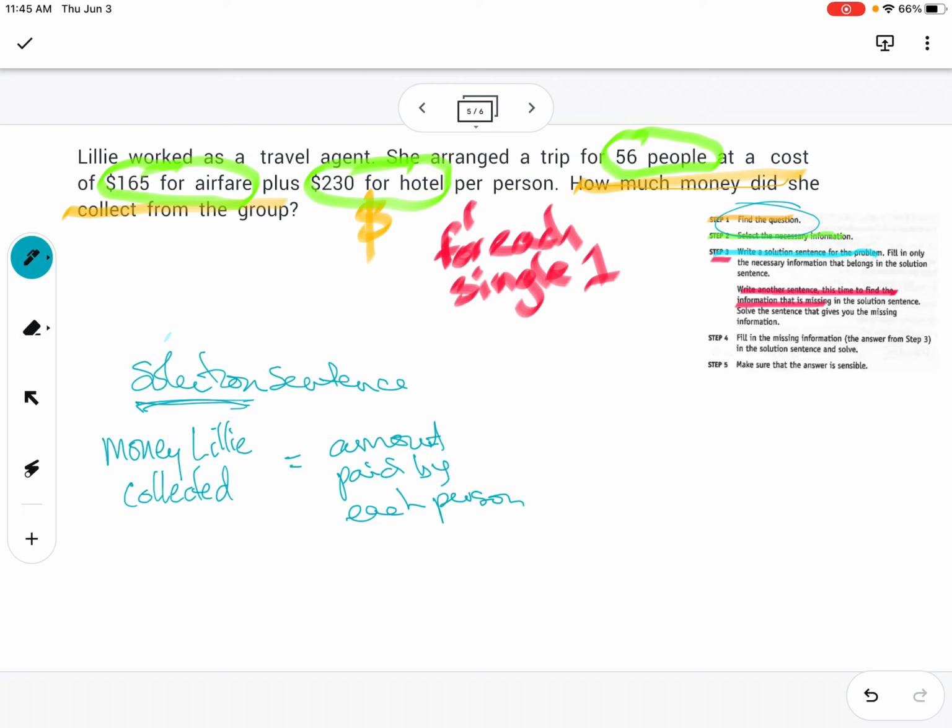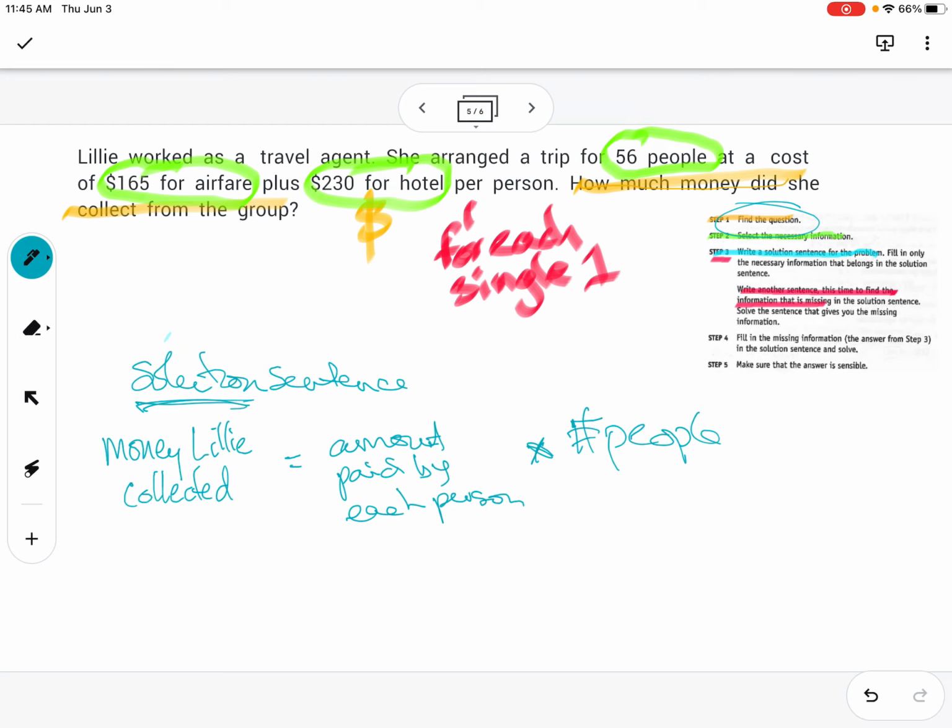So I know from my understanding of the 4 operations, add, subtract, multiply, and divide, that when I'm putting together a whole bunch of the same thing, multiplying will do that for me. So the amount paid by each person is going to be the same for each person, and we've got 56 people. So we're going to take the cost for each person and multiply it by the number of people.